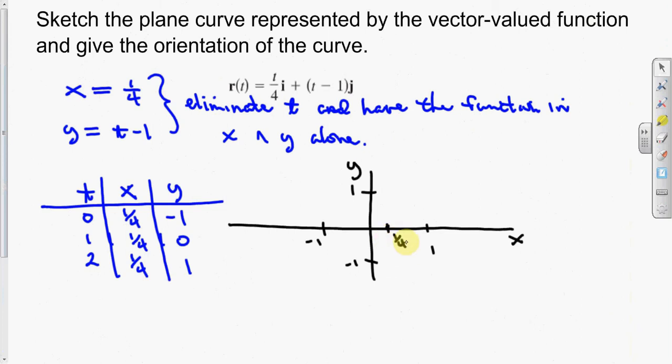Say it's there. So when x is 1/4, y is 0. I'm here. X is 1/4, y is negative 1. There. X is 1/4, y is 1.